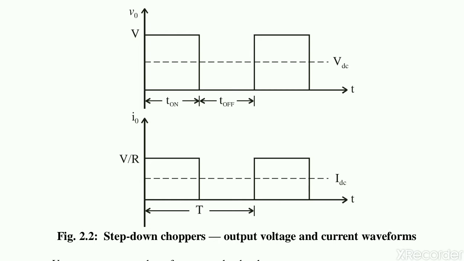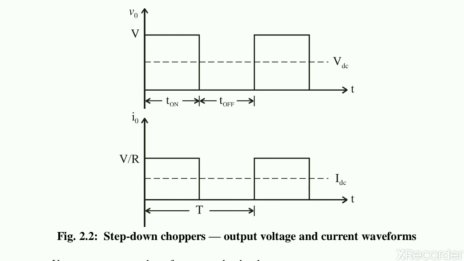According to the output voltage waveform, we can understand how the output current behaves, and it has the equation V by R. As soon as the switch is on, we are getting output voltage across the load resistor. So the current will rise, and as soon as the SCR or the switch is turned off, the current will decrease to 0.